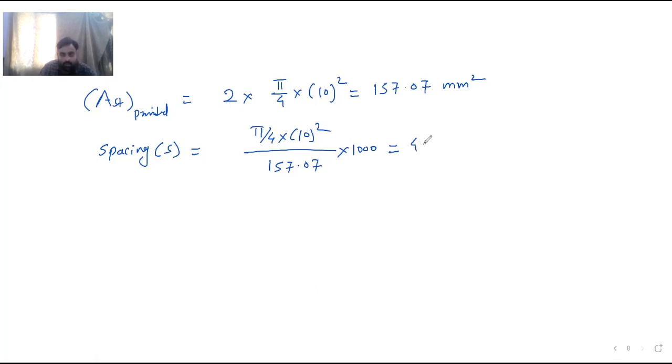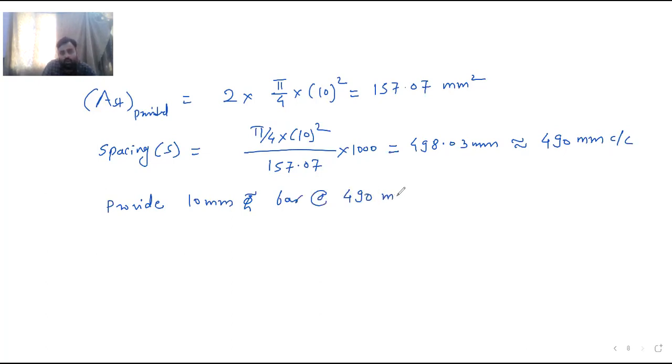So it is 498.03 mm, which we will round down to 490 mm center to center. So I will write over here, provide 10 mm diameter bar about 490 mm center to center.